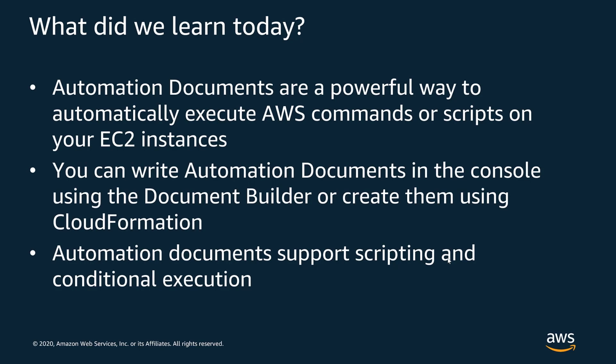And as we saw here in today's video, the automation documents actually have a wide range of capabilities, not only just executing scripts on EC2 instances, but you also have the ability to execute scripts so you can have custom logic inside your documents. And you can also do things like have branching inside the document where you can skip steps or jump to other steps based on the execution results from either commands run on your EC2 instances or from the execution of scripts inside the automation documents.